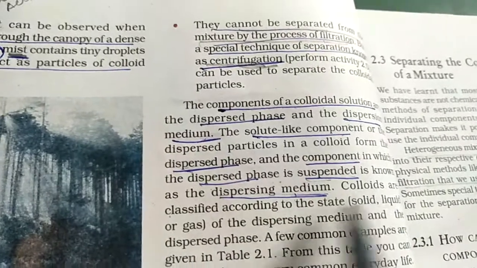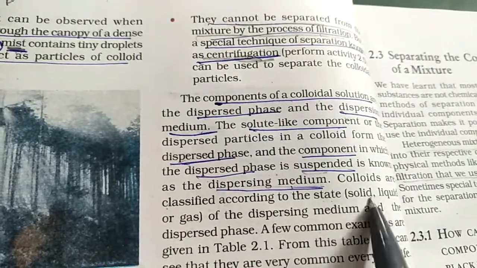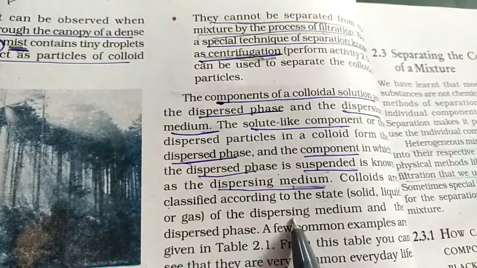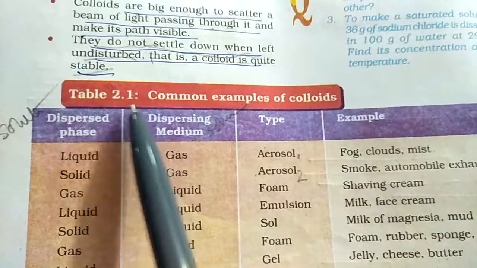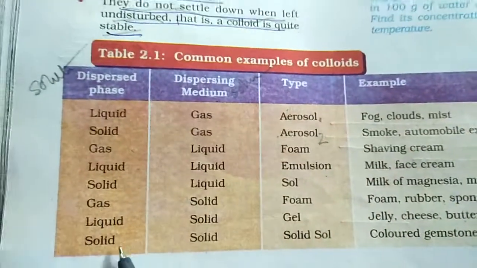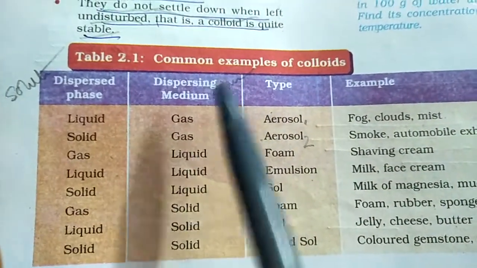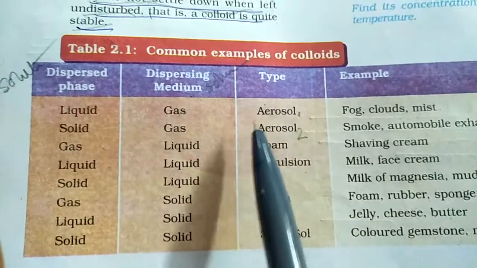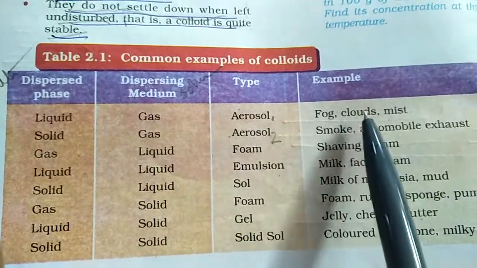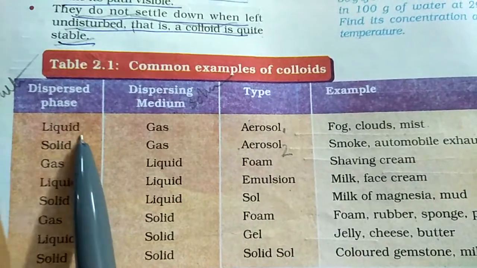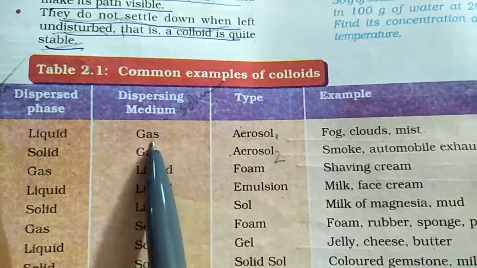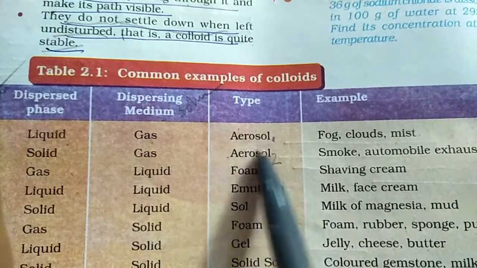Colloids are classified according to the state, solid, liquid or gas, of the dispersing medium and the dispersed phase, and there are some examples given in table 2.1. Please go through this table and learn this table. For example, you have fog, clouds and mist. They have dispersed phase liquid, dispersing medium gas, and the type of colloid is aerosol.